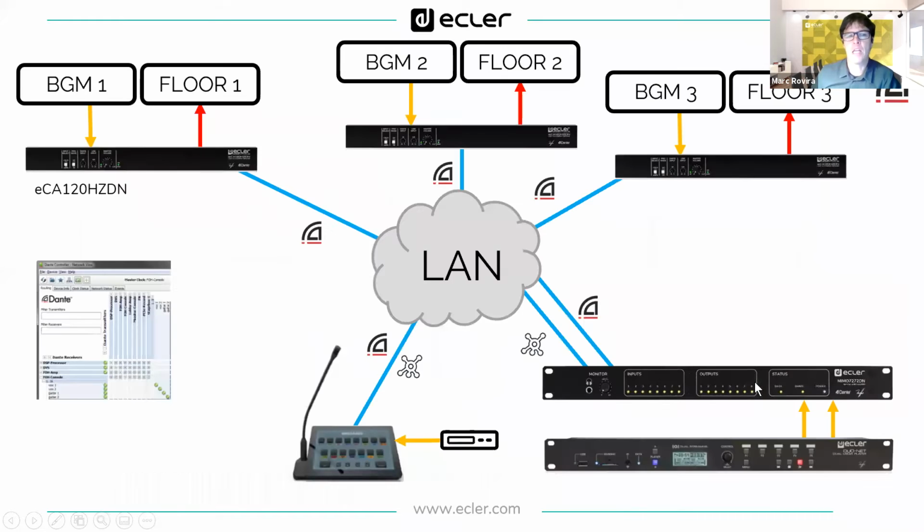Okay, so if we get to the example we did the other day, you remember we had here the MIMO 72 The End, the DuoNet, PageNet to send messages to each and every floor. We have 3 floors. Here there's a Dante receiver inside this amplifier. Okay.